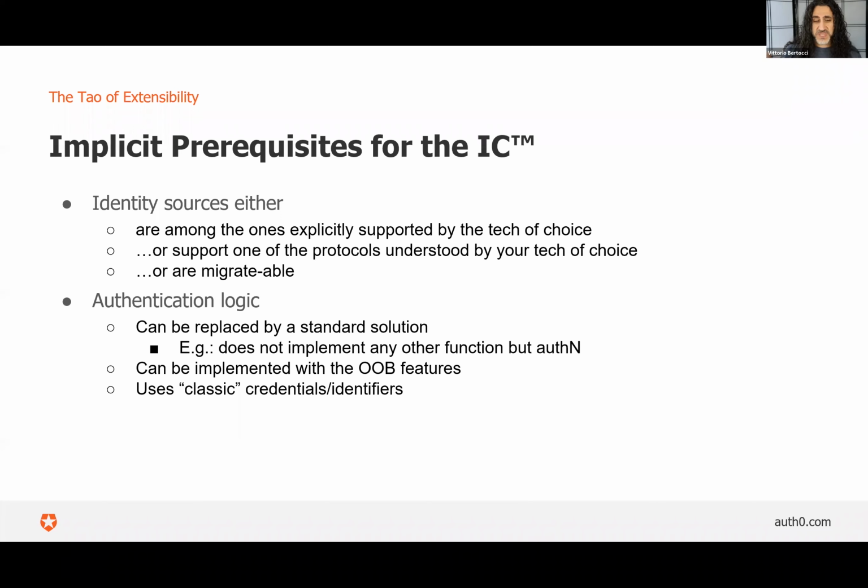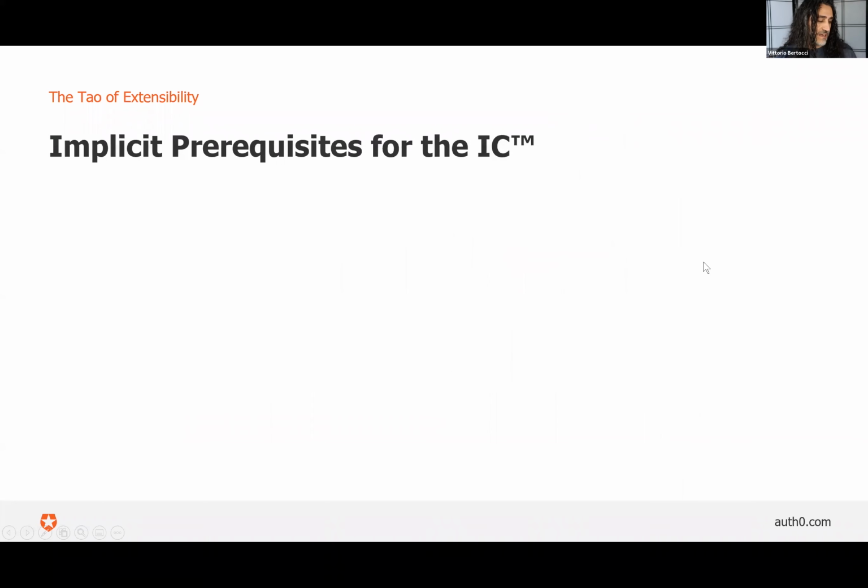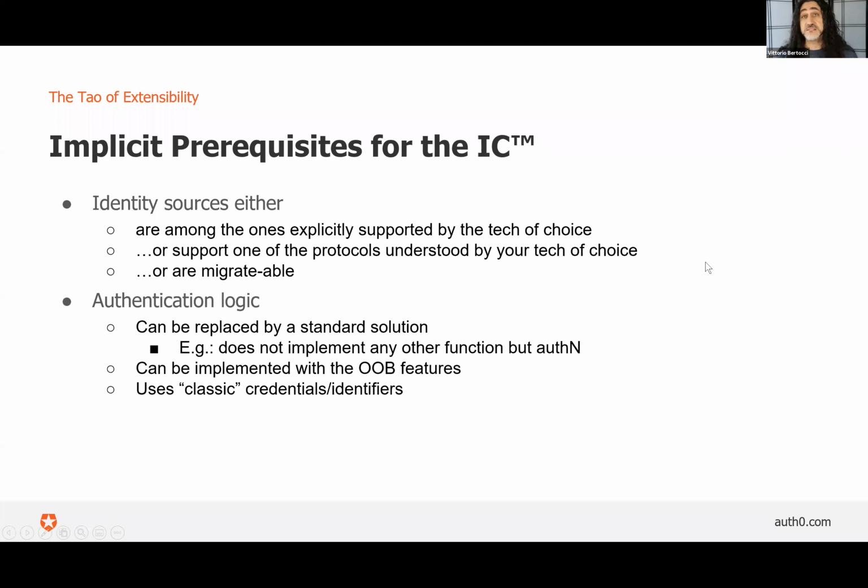Other things might be the authentication out of the box. When you have seen me moving the authentication capability from inside the app to the central location, I made a very strong assumption, which is that the application was only doing authentication in the initial phase. And very often is not the case. Very often applications integrate extra capabilities in that phase. So for example, you might have a subscription management system which verifies whether your user paid their dues.